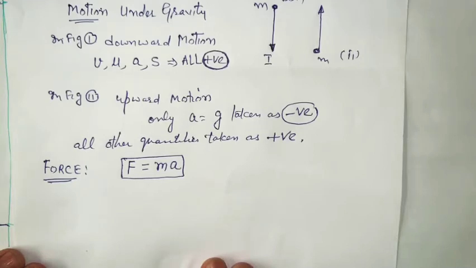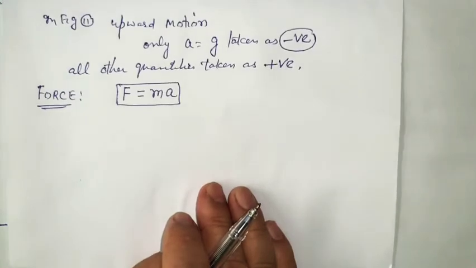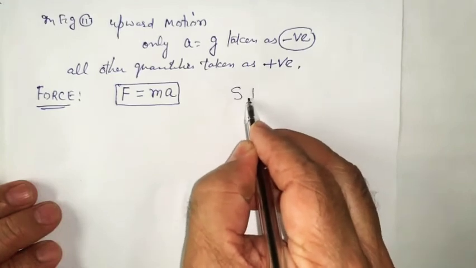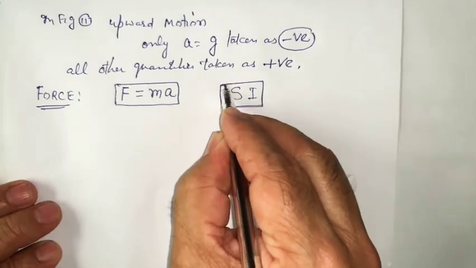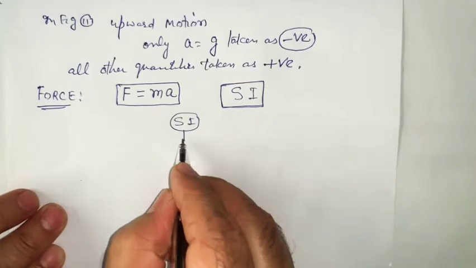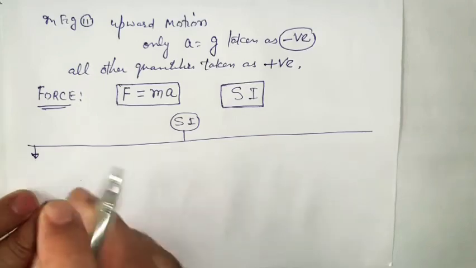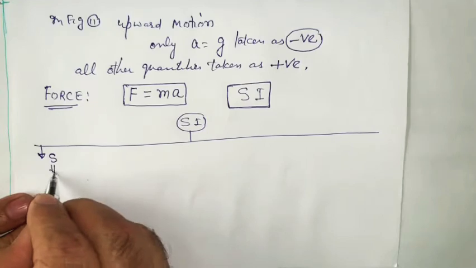Now, whenever you want to solve the numericals, you always use the SI system, the international system. In SI you will use so many terms. Distance must be in meter.